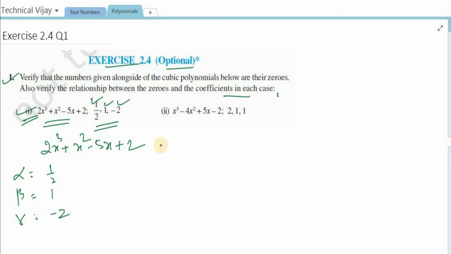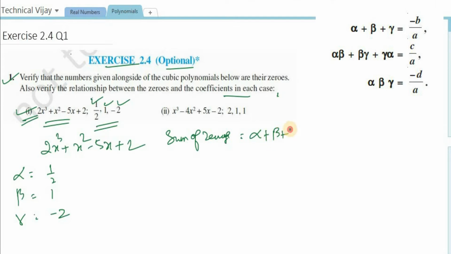The sum of zeros of a cubic polynomial, alpha plus beta plus gamma, is equal to minus b by a. Here a is equal to 2, b is equal to 1, c is equal to minus 5 and d is equal to 2. So minus b by a means minus 1 by 2.